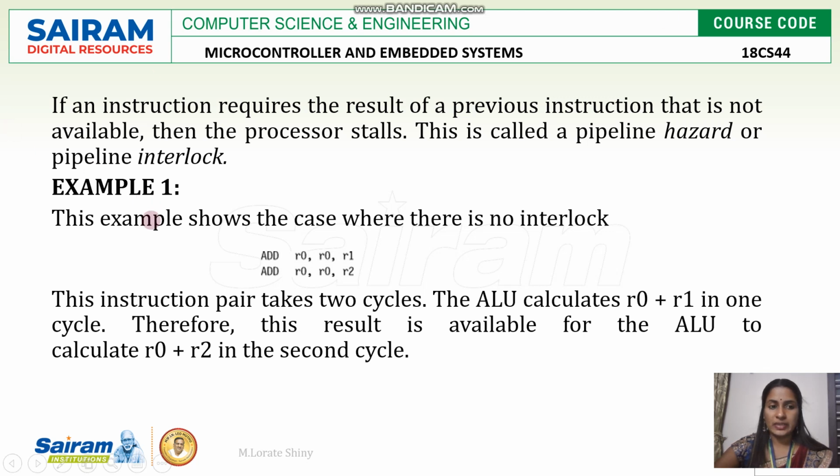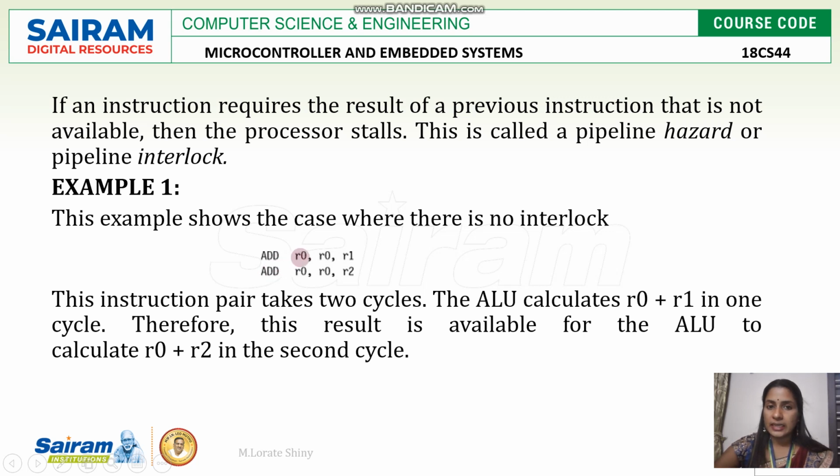We'll see a few examples. First example, there are 2 add instructions. To complete these 2 instructions, the processor takes only 2 cycles. In the first instruction, the processor will add R0 and R1, and store the result in R0. So if you are using a pipeline, the first add instruction will be fetched, then moved to the decoding stage. During the decoding of the first add instruction, the second add instruction will be fetched.